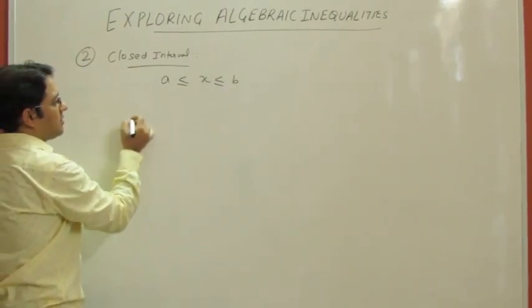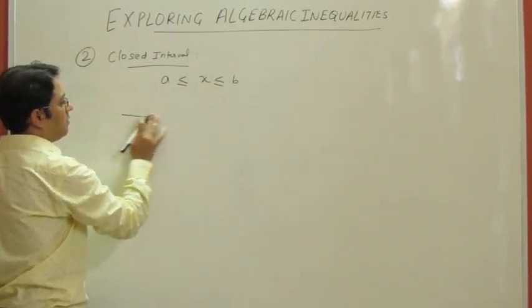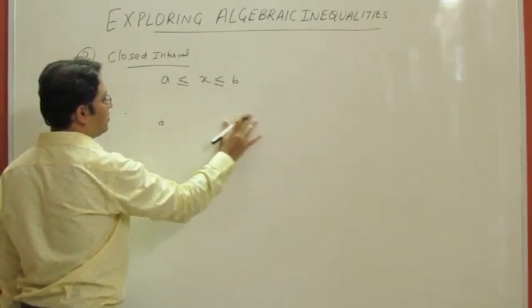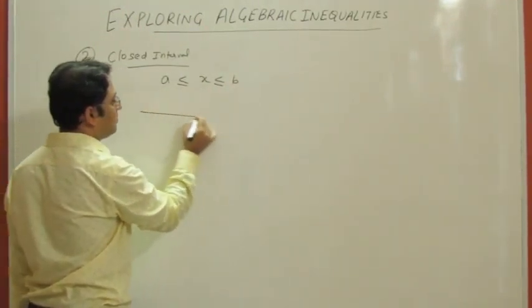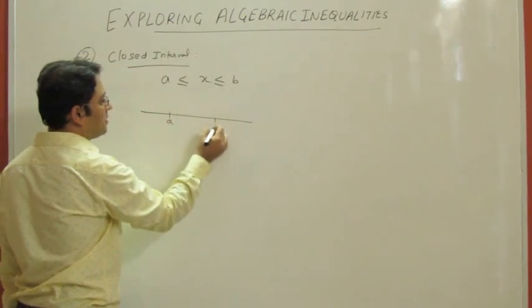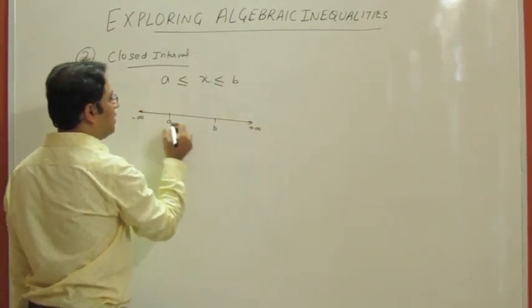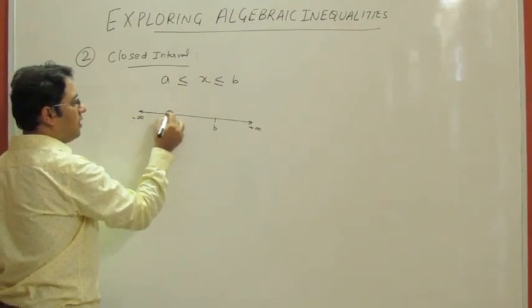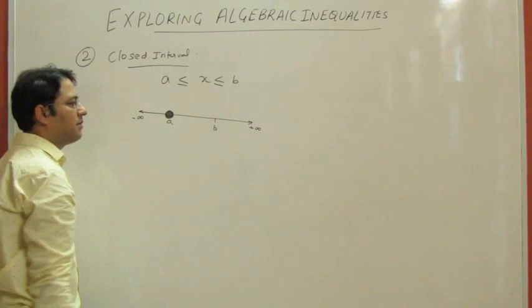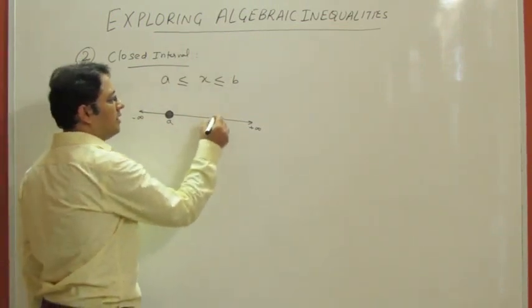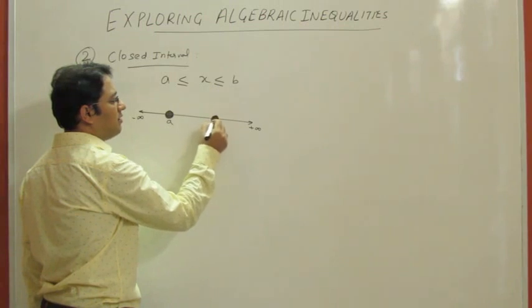So in this case, let's say this is a, this is b, this is our number line. So x can be equal to a. So we make a circle and darken the circle, because now we represent that it is equal to a, and then it is equal to b as well.